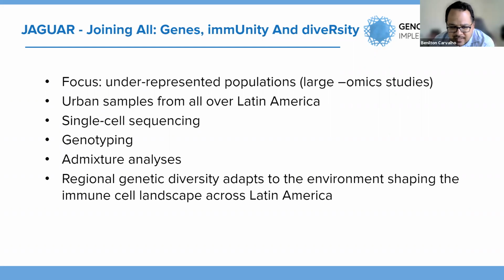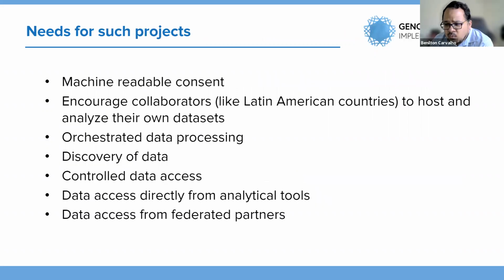We are going to be looking at single cell sequencing, genotyping, admixture analysis, and we want to see how the genetic diversity adapts to the environment here in Latin America. Now, what are the tools that we foresee needing for such projects, right?